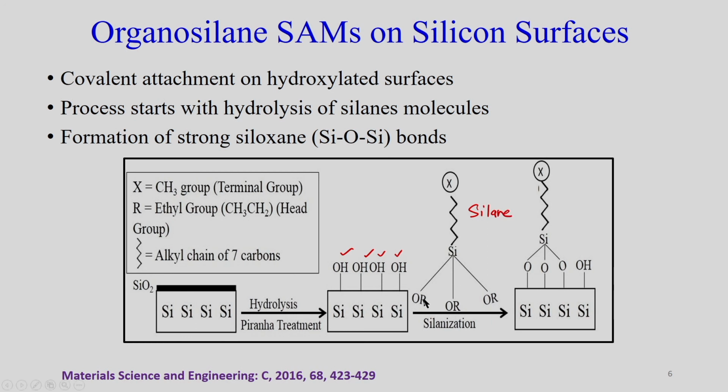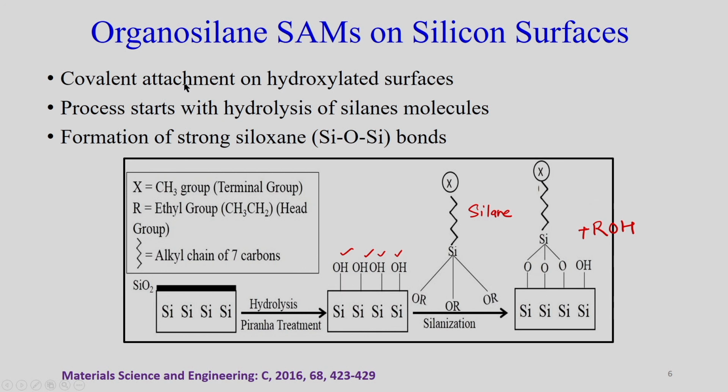So, this head group, the OR, is going to react with the OH. So, here one ROH will be out and this Si-O-Si new covalent bond formation is taking place, and this X group will now be the surface functionality.